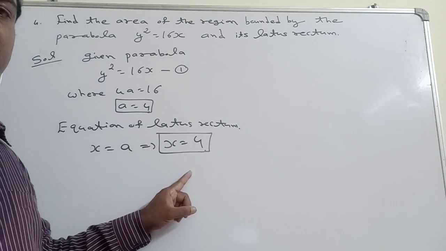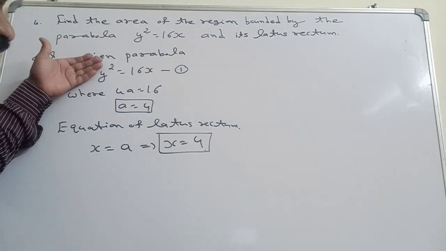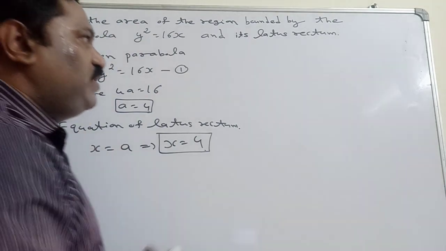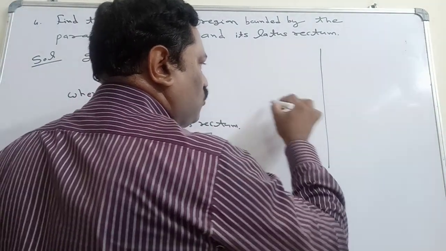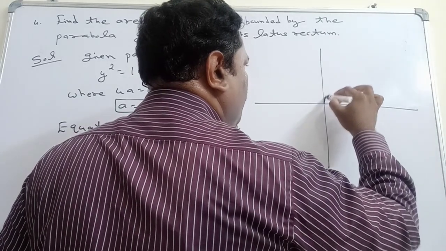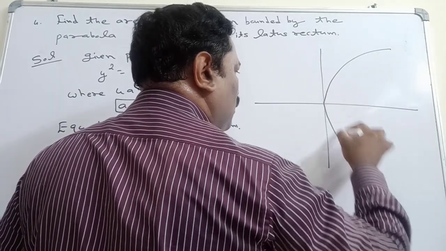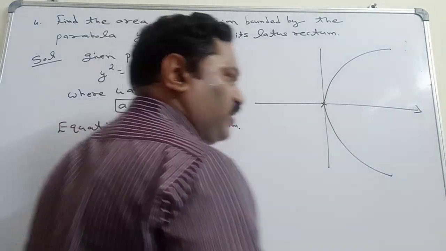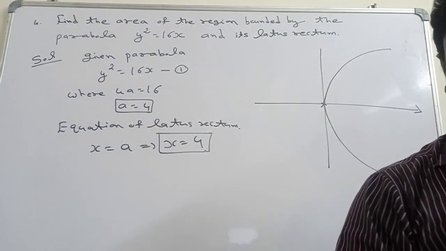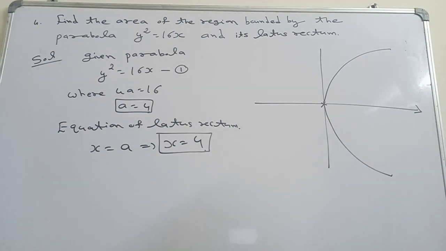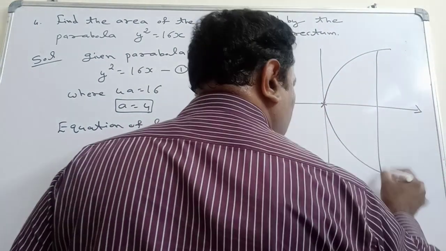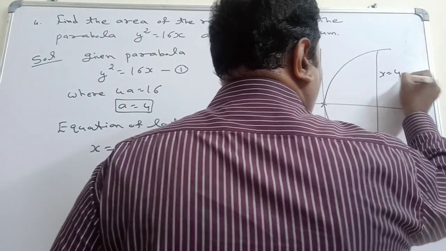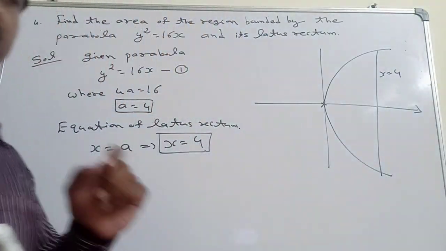Now we have to find the area bounded by this parabola with its latus rectum. If you consider this parabola y square equal to 16x, it represents a right-open parabola with the axis along the positive x-axis, and the vertex at 0, 0. The parabola will be like that. And the line x equal to 4 is a vertical line. That is the equation of the latus rectum.